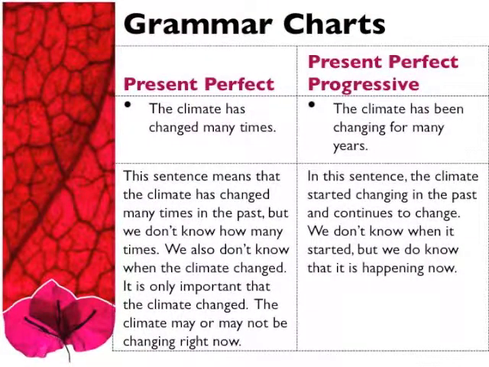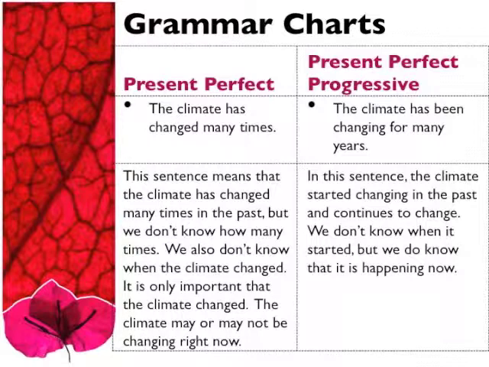Let's look more specifically at the meaning that these sentences have. So if you look at the present perfect, the climate has changed many times. It means that the climate has changed many times in the past, but we don't know how many times. We also don't know when the climate changed. We only care about the fact that the climate changed.